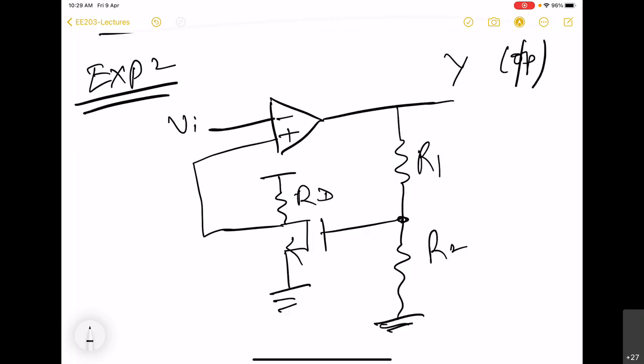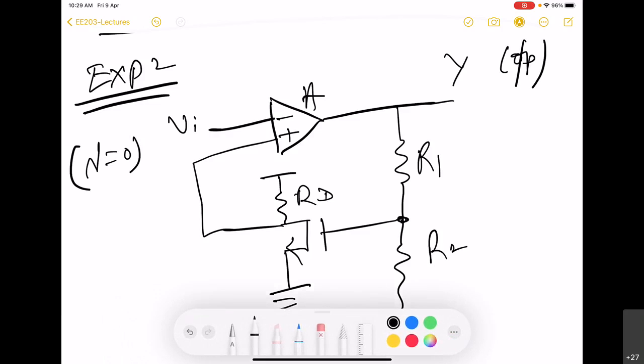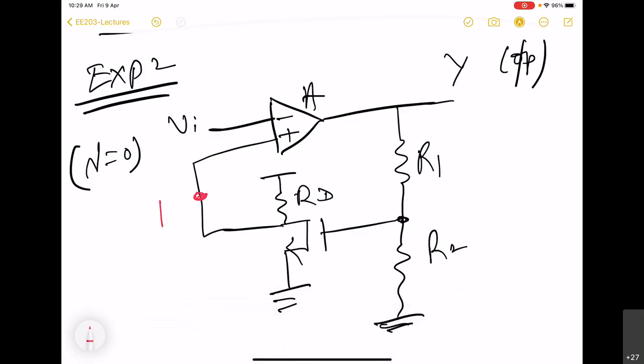This is the output of the amplifier, where the op-amp is ideal and we have lambda equal to 0. In this case, we again have 3 points where the loop can be broken. This is point 1, this is point 2, and here point 3.